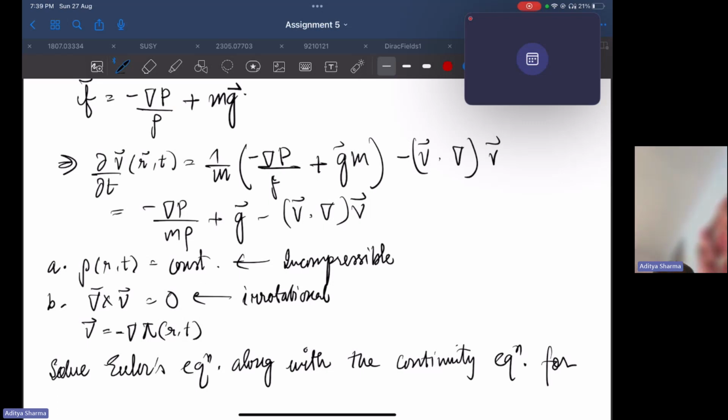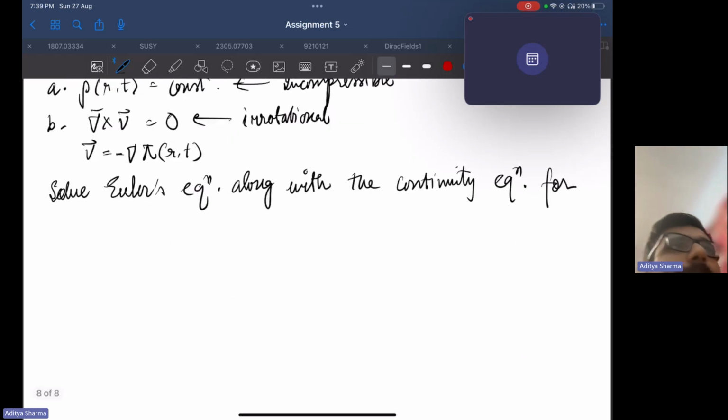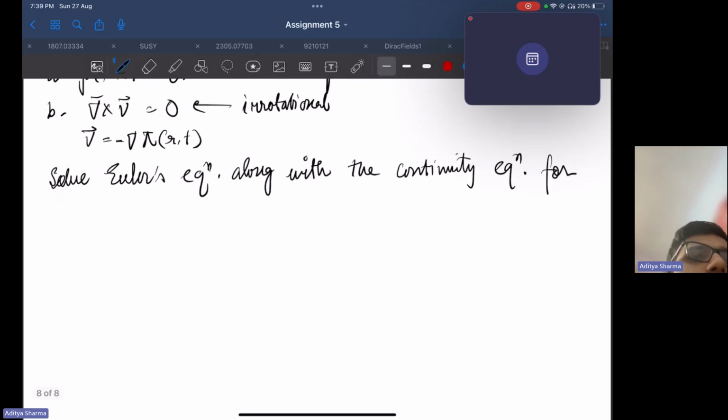a fluid flowing in a, well, in the book it's given for this thing. I'm just trying to modify an example.